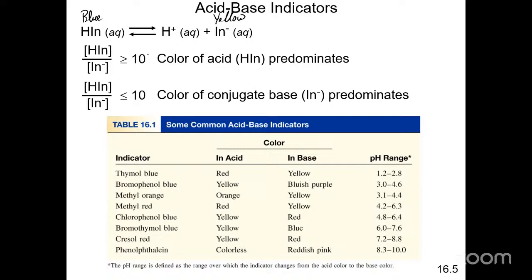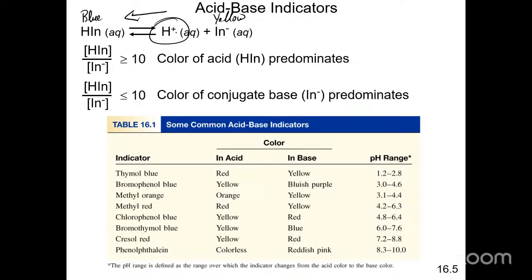So what happens is that if the solution is very acidic, right, a lot of acid present, then that would push the equilibrium to the left. And as a result, the blue-colored molecules will predominate compared to the yellow conjugate base ion. So therefore, overall, the solution will be blue.